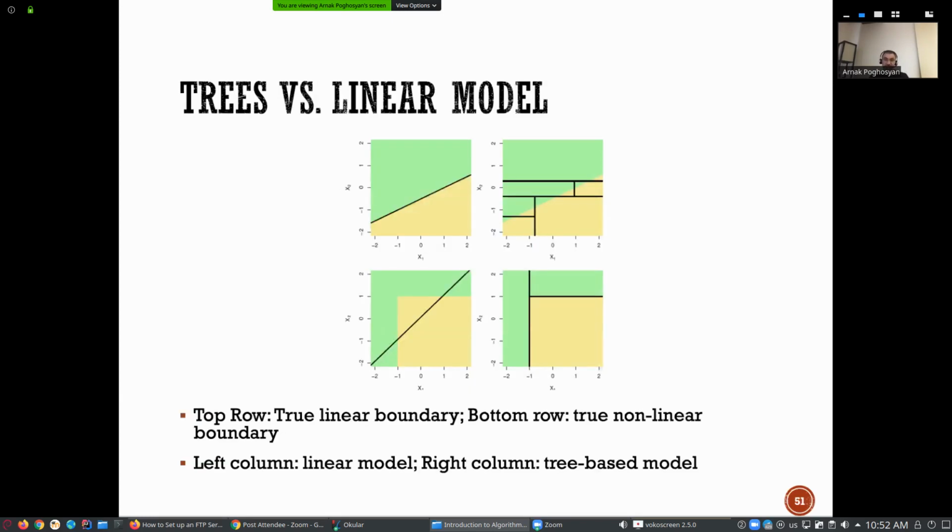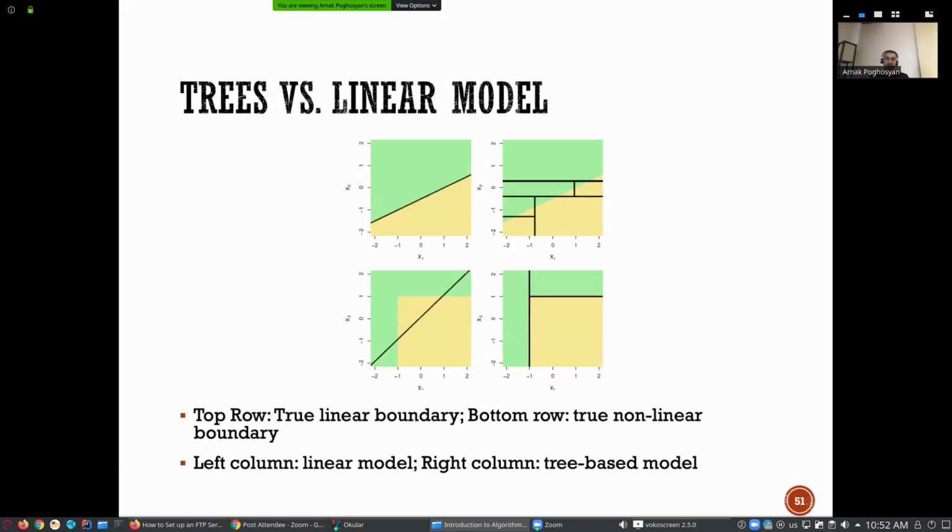And this is a visualization of the difference between trees and linear models. Here we are showing 4 different binary classification problems. Green and yellow are different classes, and the black line is the corresponding decision boundary.